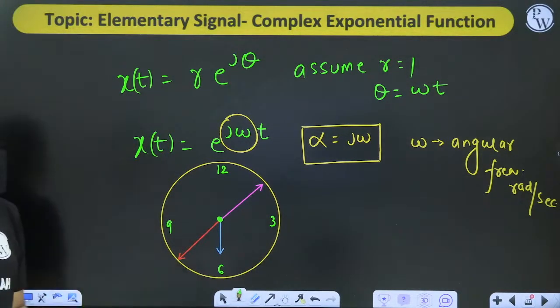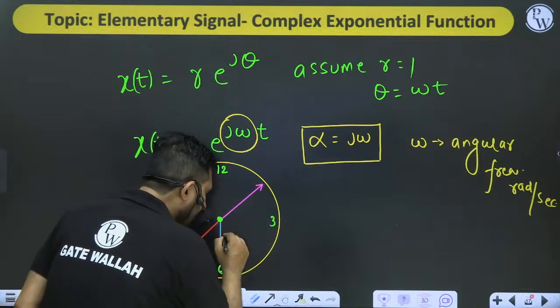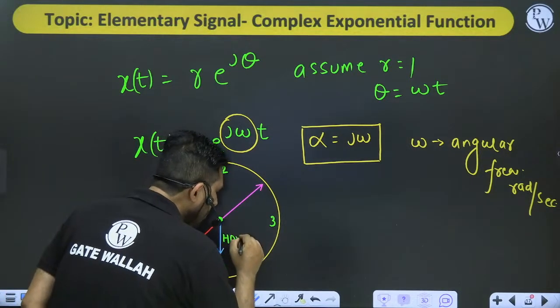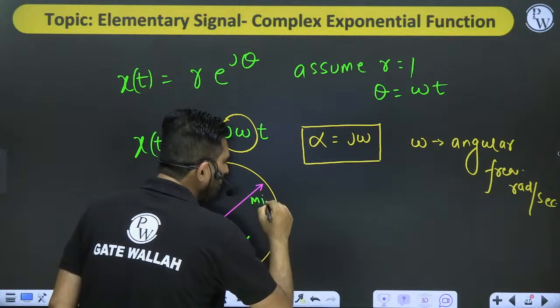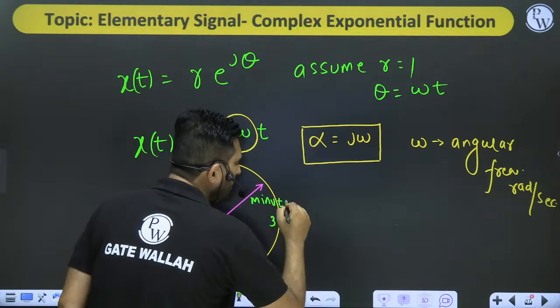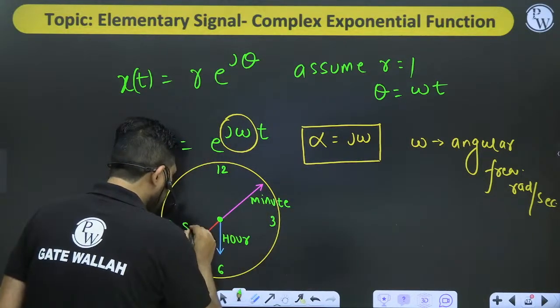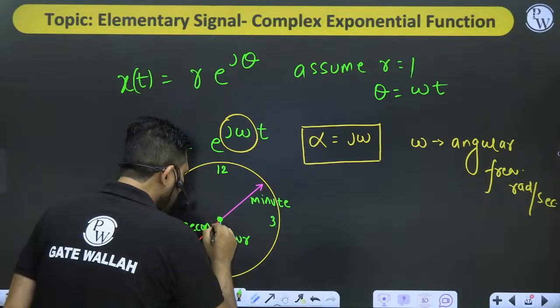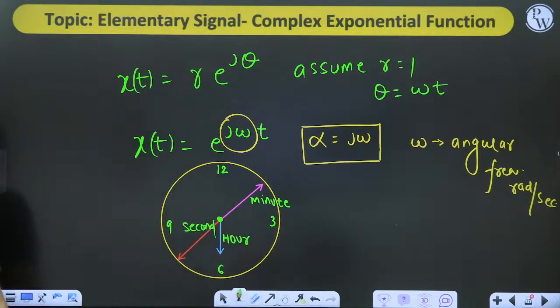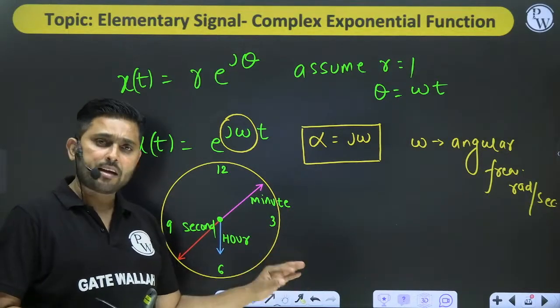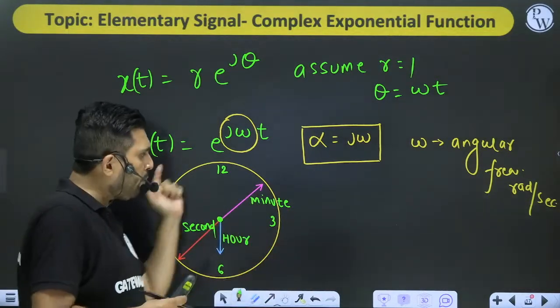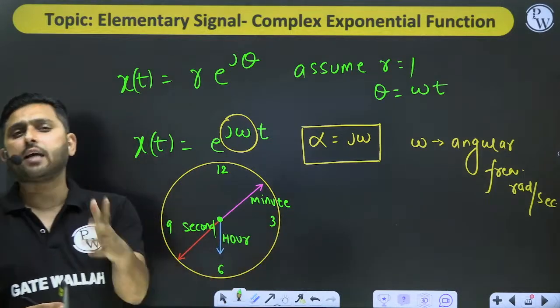Then I have three hands. One is the hour hand, that is the minute hand, and this is the second hand. So what I want to say is, listen carefully, every hand will come to the same point after a certain time.